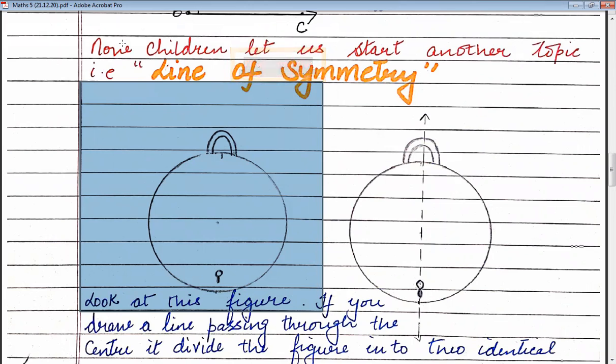Now children, if I draw a center line from here, can you see that this line is dividing the figure into two equal parts? You can see that this is the first part which is equal, and this one is also the same.